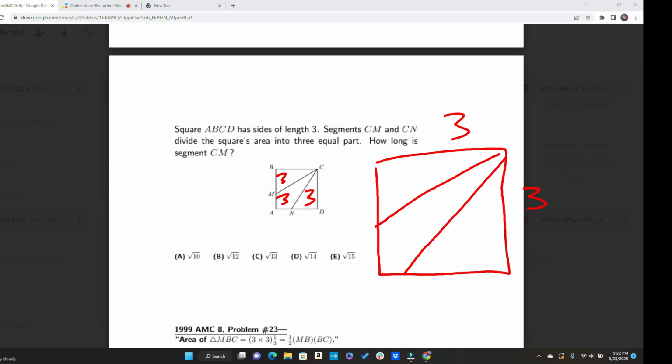And we can do that if we find the length of BM right there, and then use the Pythagorean theorem to figure out CM's length. So let's see how that's going to work. Well, we know that CBM here has area 3.